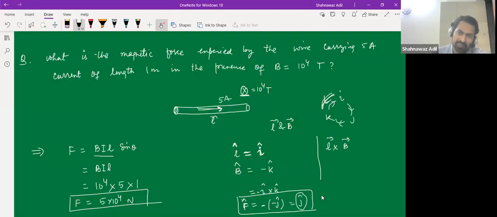So we got the same direction from both. Clear, everyone?